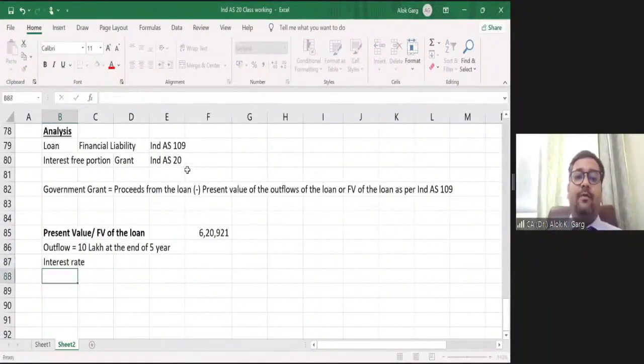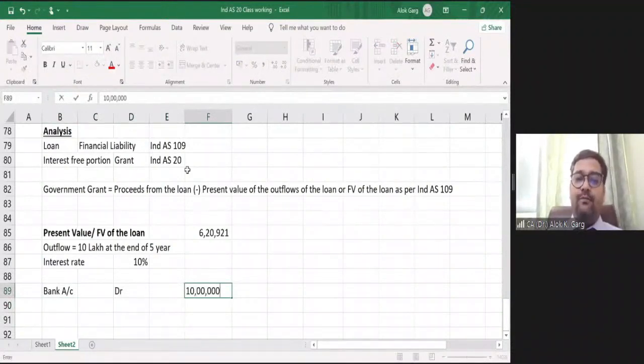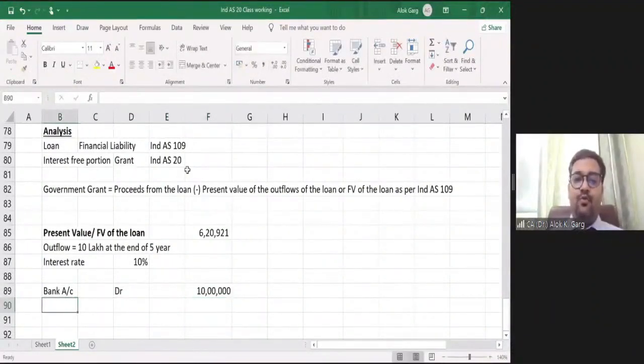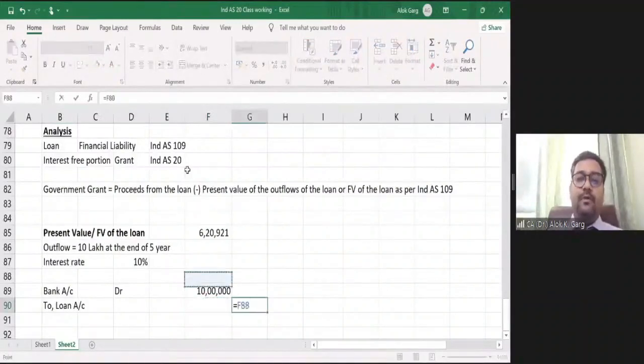Now, what will be the accounting entry? The accounting entry will be: bank account debit. Of course, proceeds are 10 lakhs, so bank account debit 10 lakh. To loan account 62921.